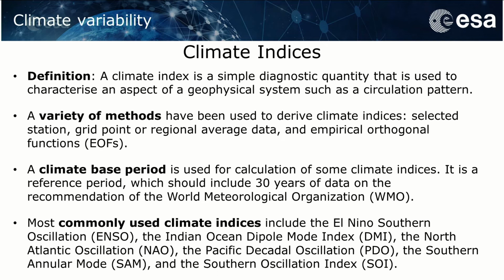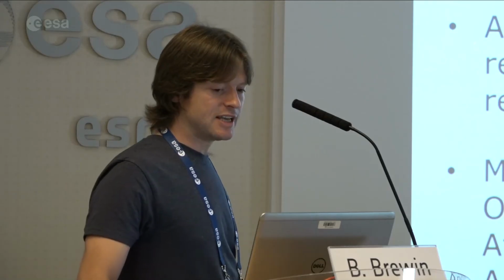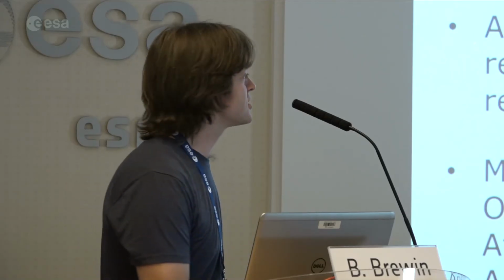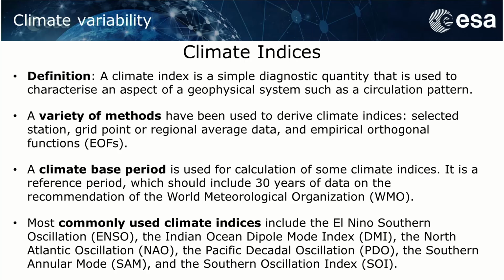And this needs to be over a given period. It's recommended by the World Meteorological Organization that about 30 years of data are required for one of these climate indices. Some common examples of these indices include the El Niño Southern Oscillation, the Indian Ocean Dipole, the North Atlantic Oscillation, the Pacific Decadal Oscillation, the Southern Annular Mode, and the Southern Oscillation Index.